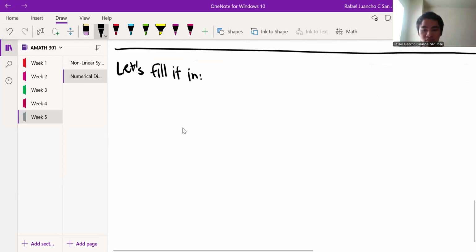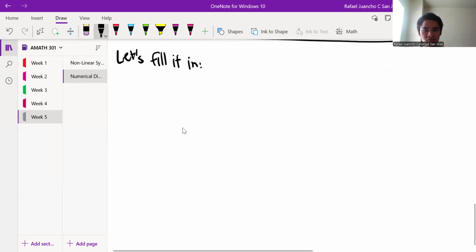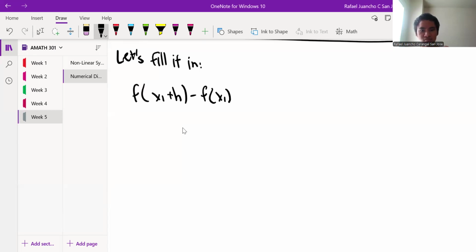How would that look like? So here we have our limit definition, right? So f of x sub 1 plus h minus, so this is our approximation already because there's no limit. This is a Taylor approximation.